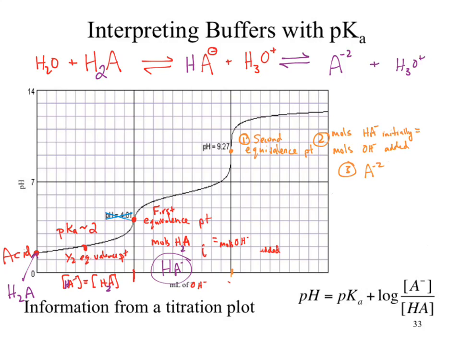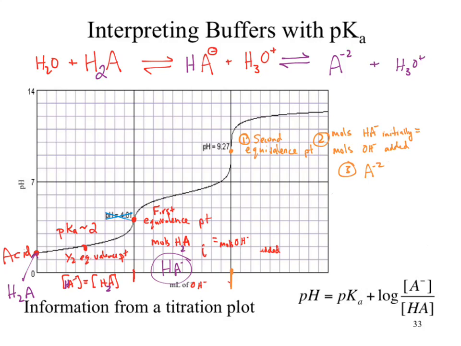So we could look to our bottom, and that's how much base we've added. Where's the half equivalence? Interesting dilemma. If we run off the exact same thing we did for that first one, the half equivalence point, half the amount, takes us to our first equivalence point in this case.